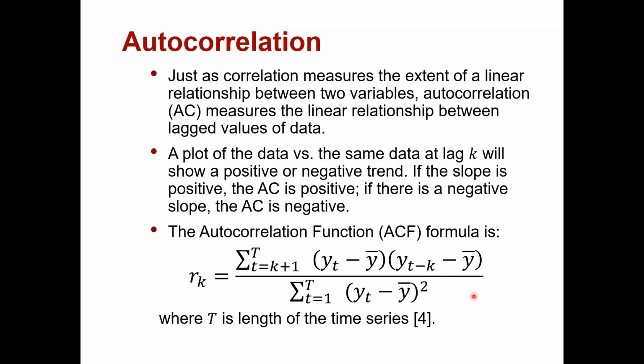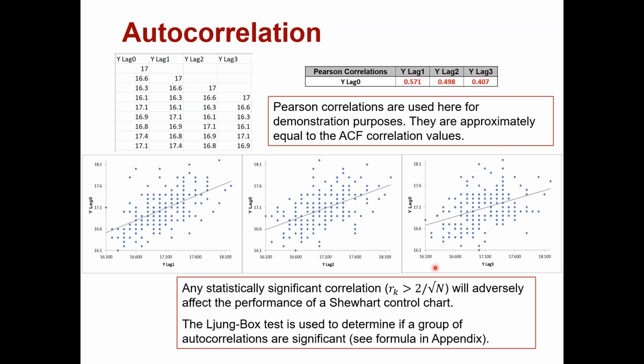And here's the formula. Again, we're not going to get into the formula details, but if I was to take some data, this is the actual chemical concentration data that we'll be looking at, and I was to shift the data, lag at 1, and then apply a correlation matrix to this data, each of these produces a correlation coefficient.